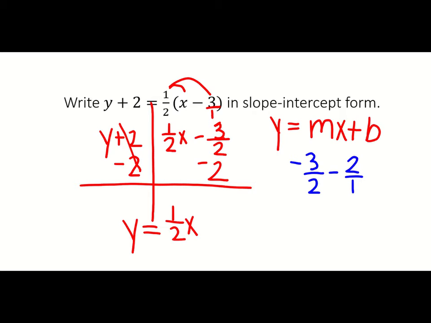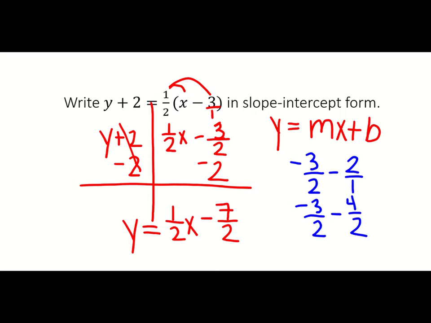So I'm going to start by putting the 2/1, so I have 2 fractions, and then I'm going to get my common denominators, which in this case would be 2, because 1 and 2 both go into 2. So you multiply by 2, so that makes a new numerator of 4. -3 minus 4 is -7/2.